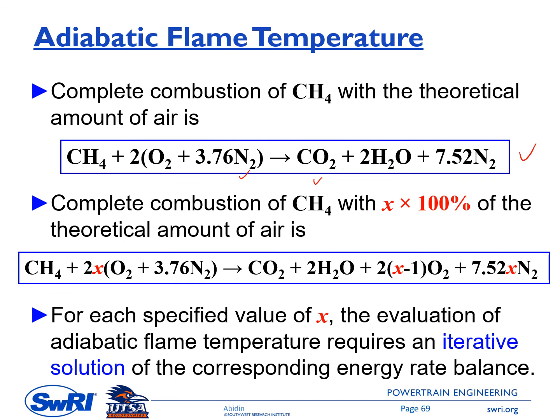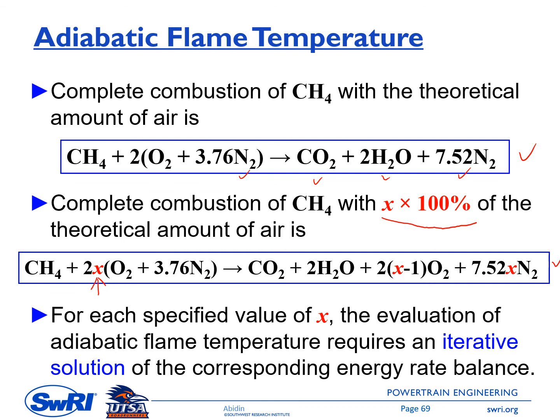And in the product, we have 1 mole of CO2, 2 moles of H2O, and 7.52 moles of nitrogen. Complete combustion of CH4 with x times 100% of the theoretical amount of air is shown with this equation. So we have x here that will vary, and we need to know the impact of this x on the adiabatic flame temperature.